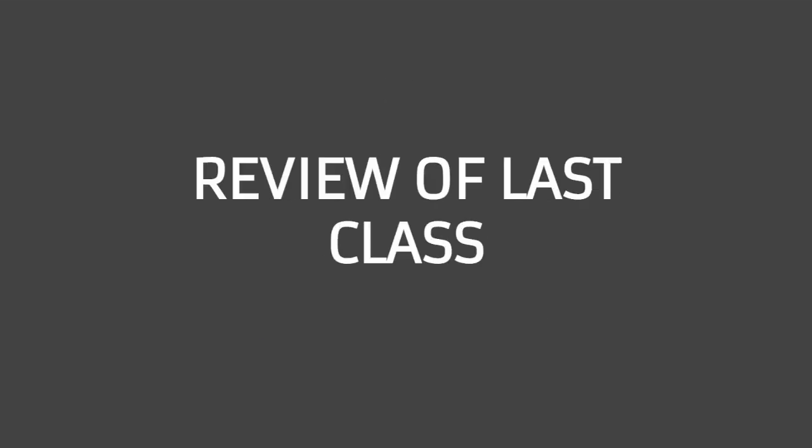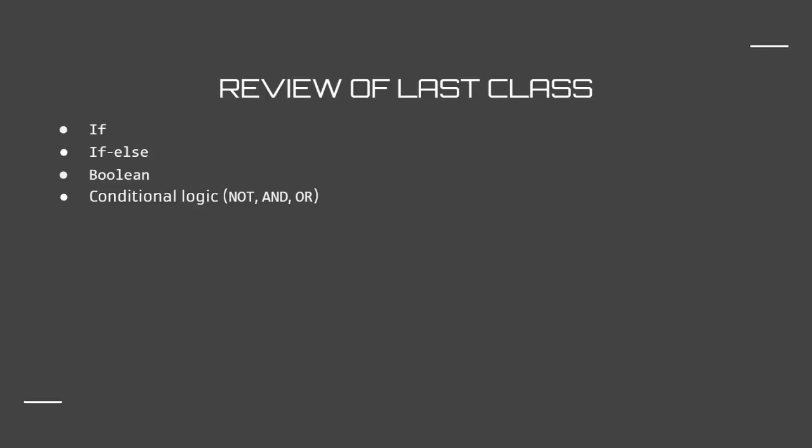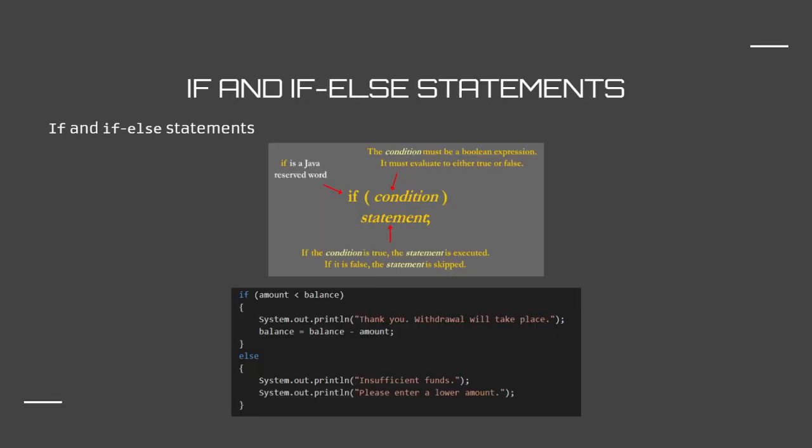So first off, a very brief review of the last class. We talked about if and if-else statements, as well as Boolean expressions. We also discussed conditional logic with not, and, or. We talked about the syntax of if statements, where you write if, and then in parentheses the condition, and if that condition is true, then the statement is executed.